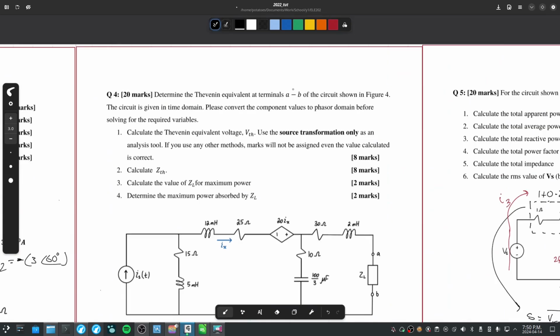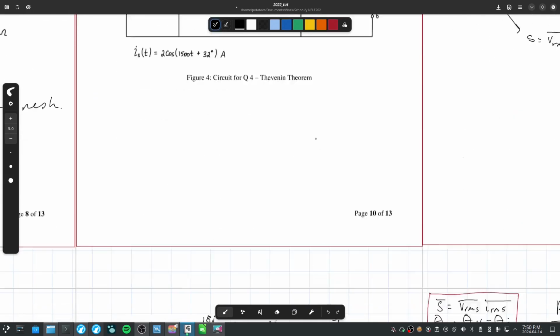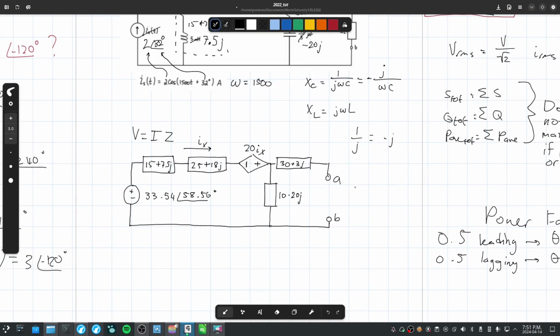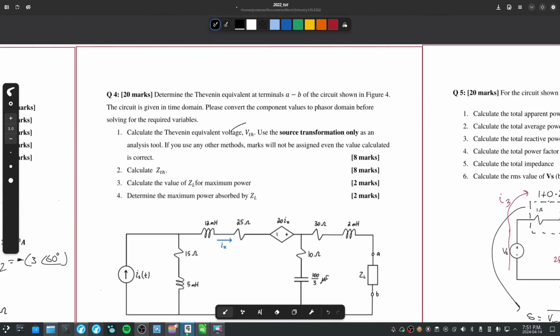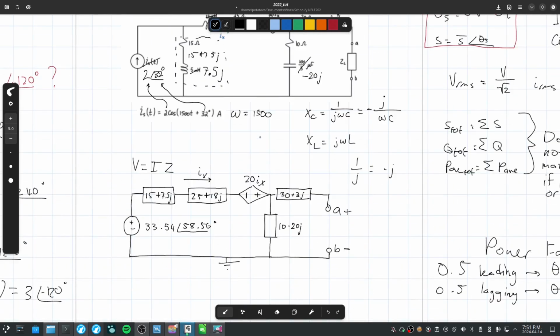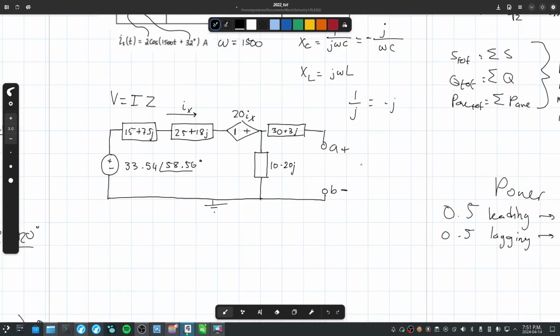By the way, in this case, terminals A minus B, A is going to be the positive terminal and B is going to be the negative. But that's pretty obvious. This is the ground here. Now we need to find VTH, the Thevenin equivalent voltage. That is, what is the voltage at A minus B? Voltage A minus voltage B is our Thevenin voltage.